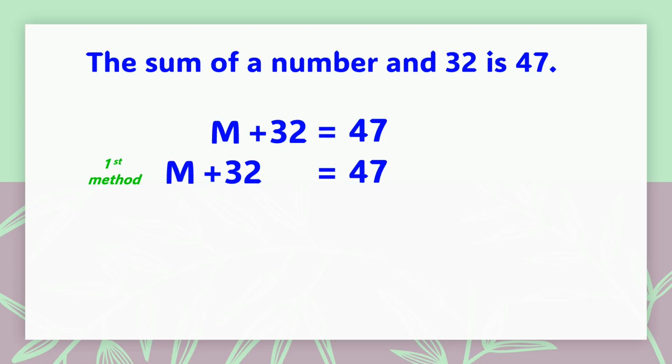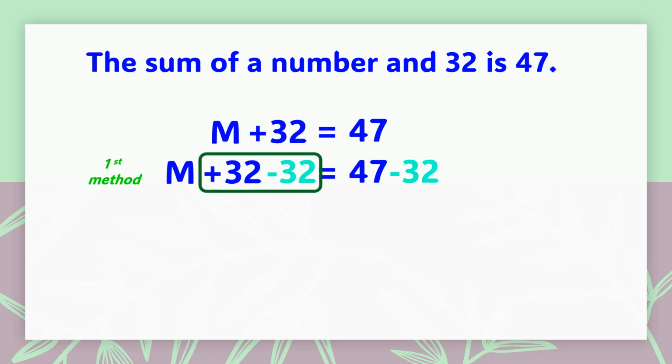To remove plus 32, we have to apply the opposite sign for 32, that is minus 32 on the left hand side. Whatever we apply on the left hand side, we have to take it on the right hand side, the same number, that is minus 32.